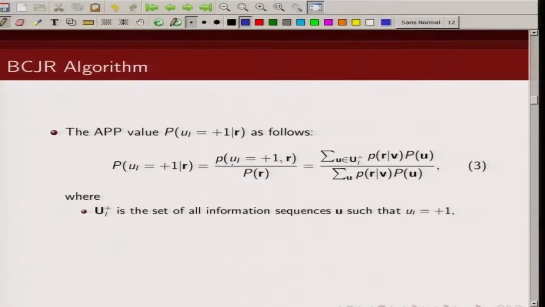Since we are interested in the joint probability of U_l being +1 and R, we sum this probability over all those information sequences where the corresponding bit is +1.